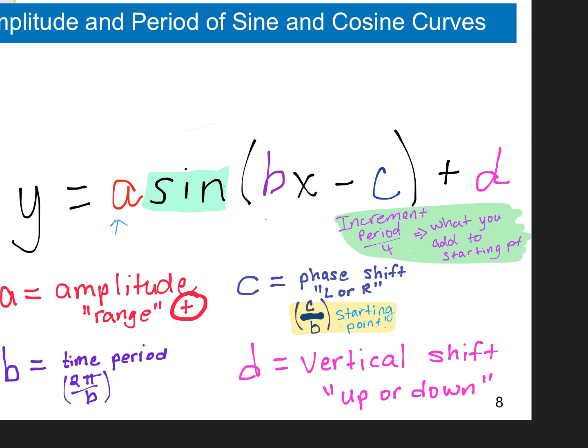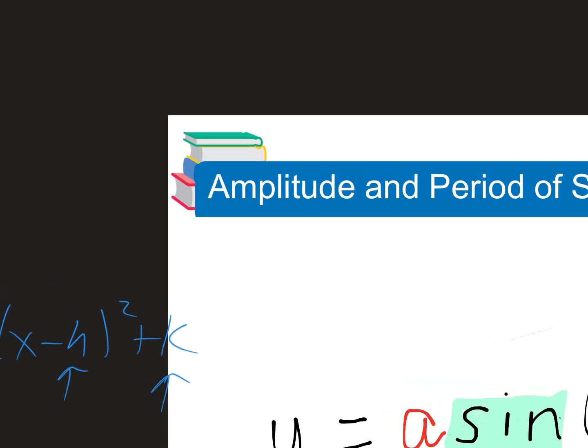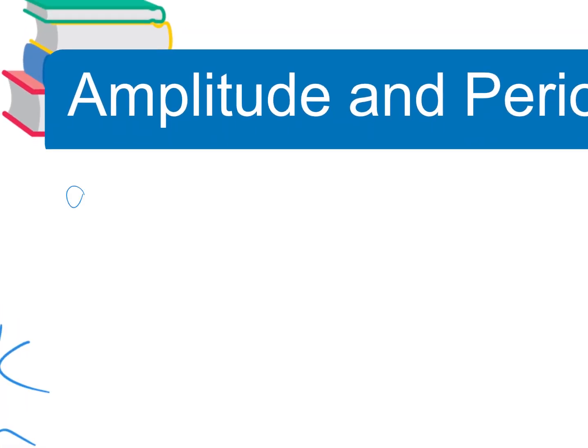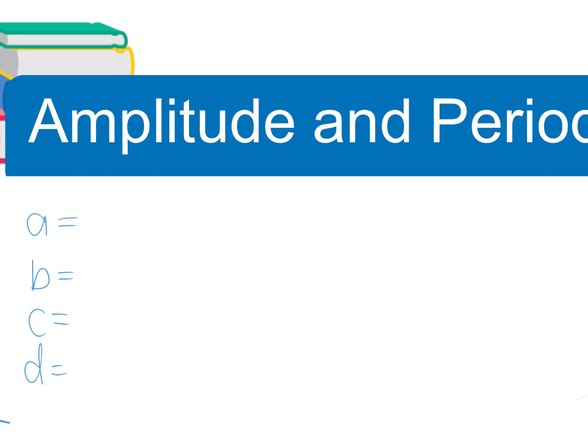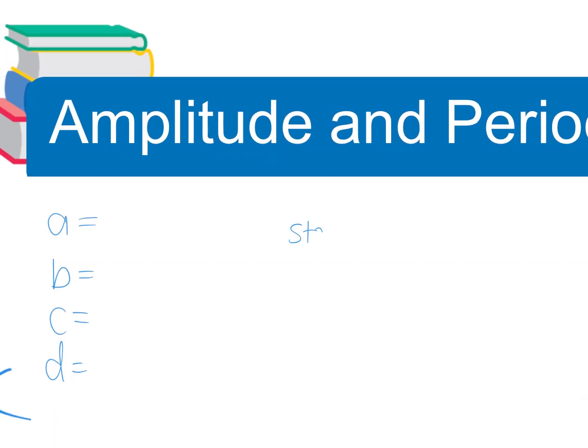Now, 3 other things that are super important that I want you guys to always identify. Okay, we're going to find our A, our B, our C, and our D. But before you start graphing, just to keep yourself under control, first period today, I did not do this, and it got a little wonky, so that's why I'm going to make sure that we write all this down. You want to find your starting point.